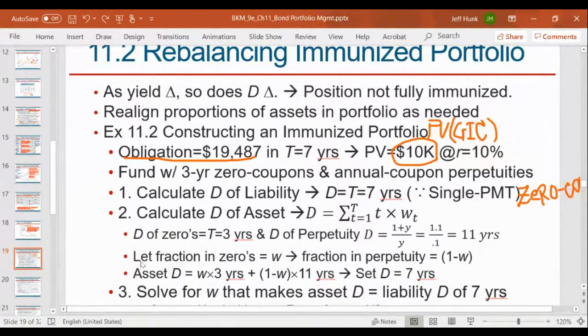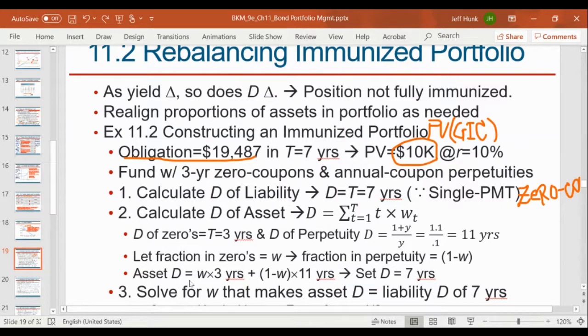So let the weight, or the fraction in zeros, be W, standing for weight. And then the fraction in perpetuity is 1 minus W. Make sense?